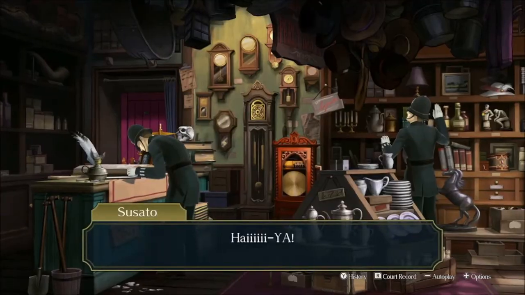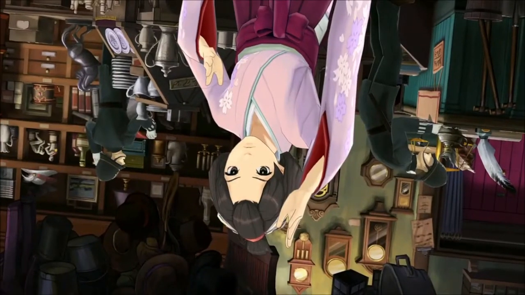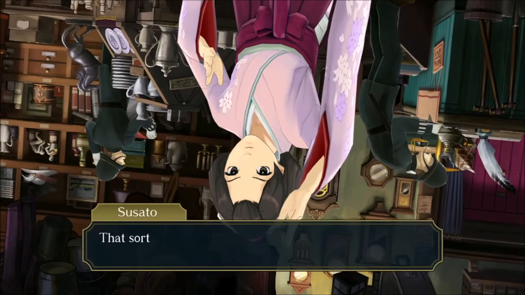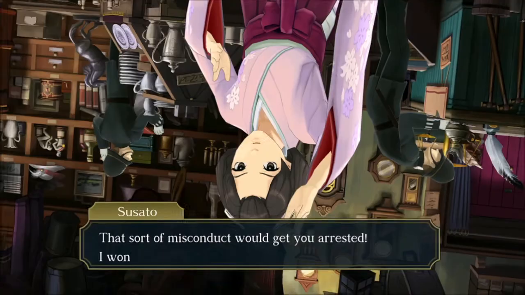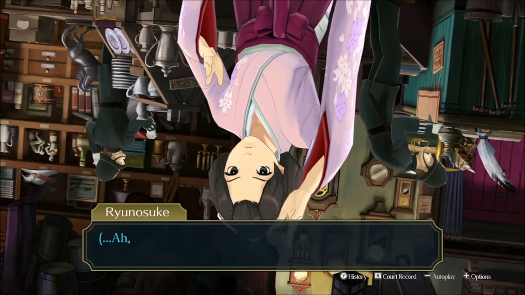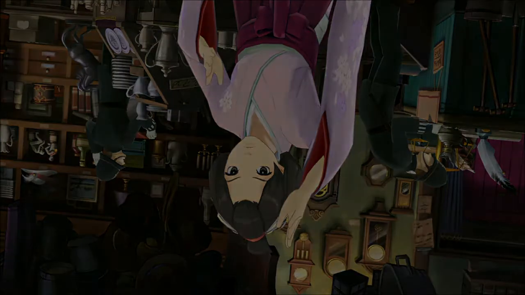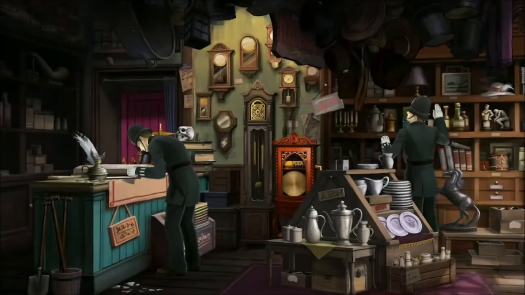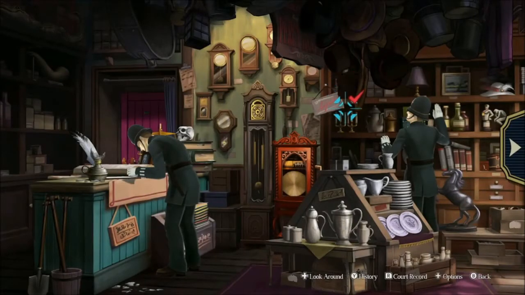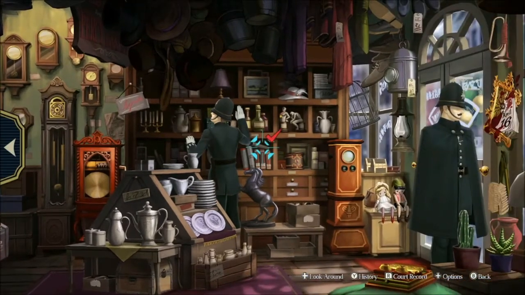Yeah, break open every locked box. Okay, fine. I won't do that right in front of the police. Great, so our heroes aren't even going to look for the box. They're just gonna forget about it.